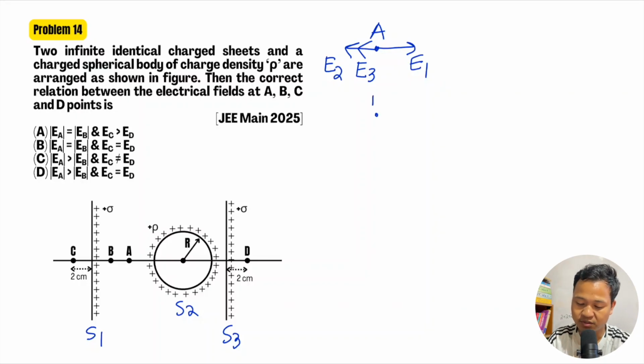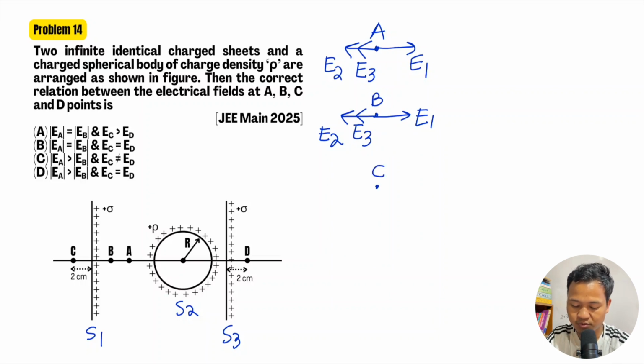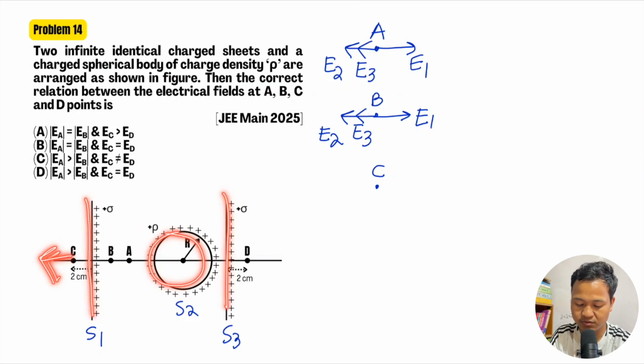Next, point B. At B, due to 1 this side is E1, due to 2 it is E2, and also I will have E3. Then C. At C, due to this it will be along this side, due to this along this side, and due to this along this side.